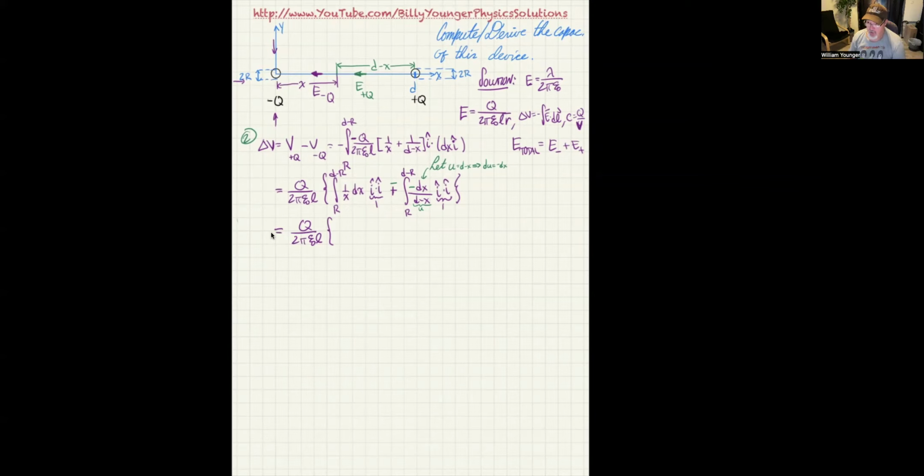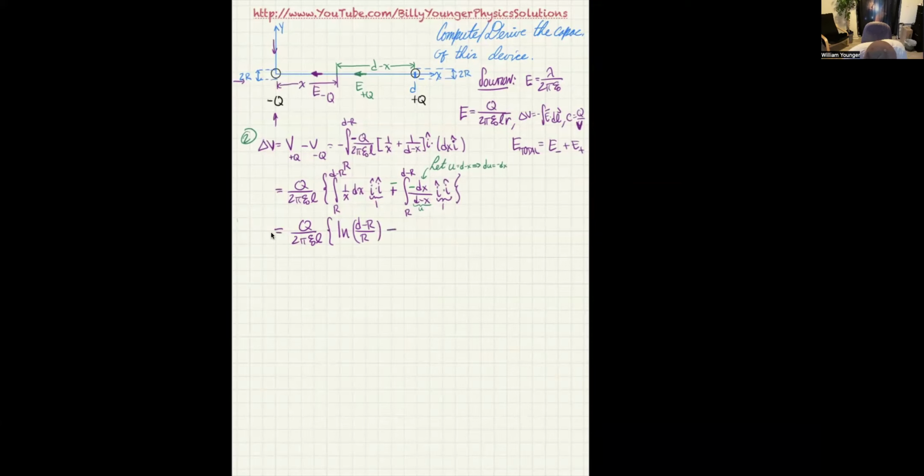But when you write the ln of a minus the ln of b, that's the same thing as the ln of a over b. So I'm going to write this as the natural log of d minus r over r. So that's for the first integral.